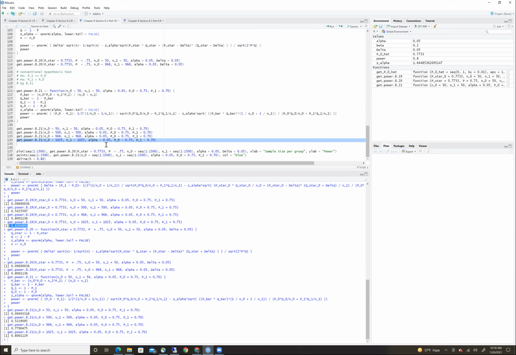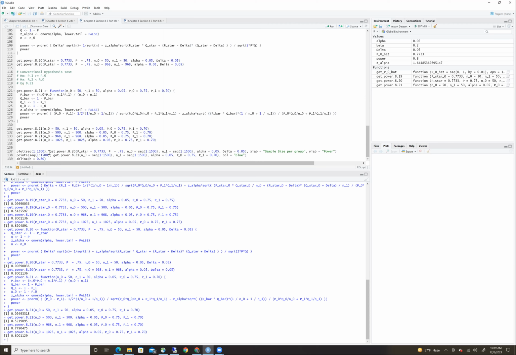Okay, so as promised, I said that we would look at a scenario where we were able to just calculate the power for lots of different values of our sample size. We're going to create a plot that looks at the power calculated under 8.20 and the power calculated under 8.21.